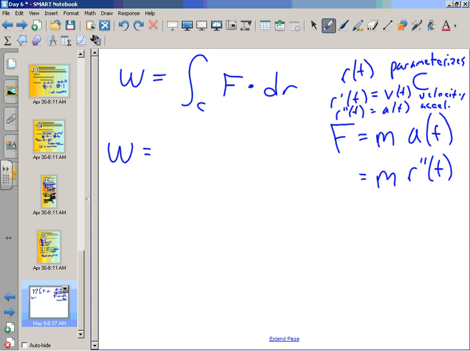And so we can rewrite this work as m times r double prime of t, and then we can dot that with dr, because we know dr is really like r prime of t dt.